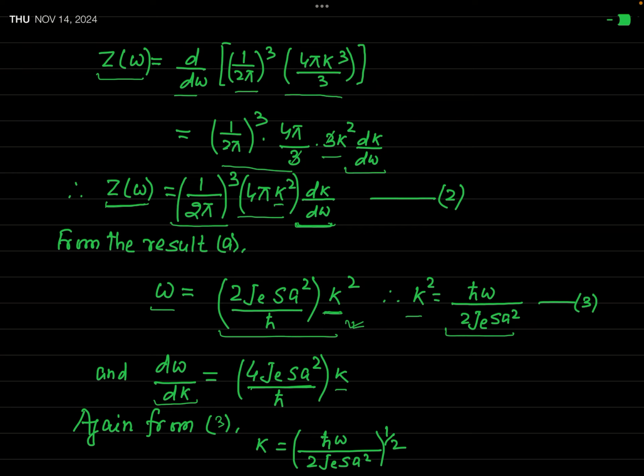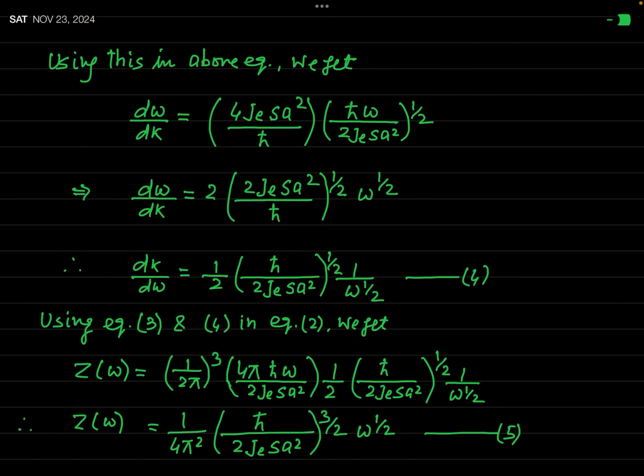Now here k is present and we can obtain the value of k from this equation 3, you can see. So k is equal to the square root of this much. This is h bar omega over 2 JeS a square whole to the power half. Now this value of k we will substitute here to obtain the value of d omega by dk.